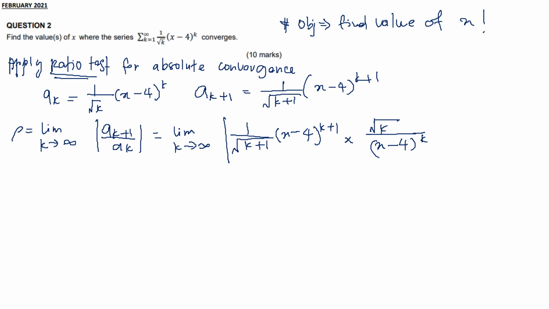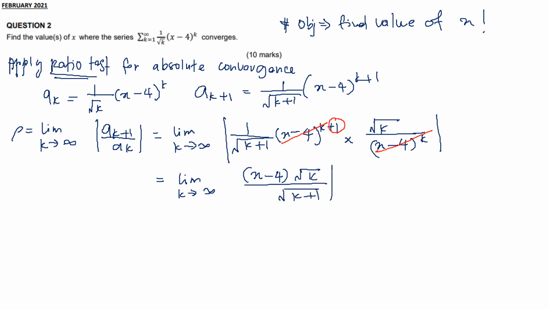So this is the ratio test, and then you can simplify. You get x minus 4, and then square root of k over square root of k plus 1.